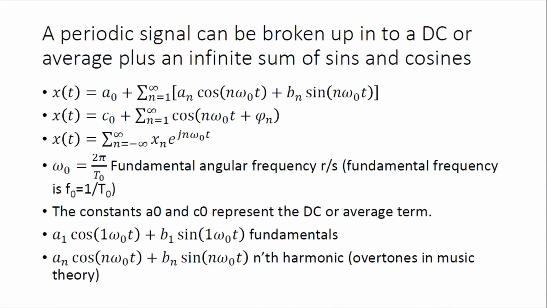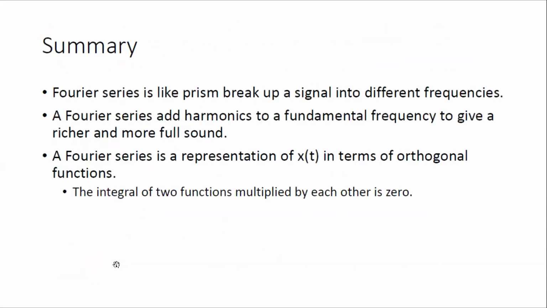Now sometimes it skips. The fundamental frequency is when n equals 1. So that's really the frequency that you get just by looking at the waveform. That is the fundamental frequency, and then harmonics is just n times that.